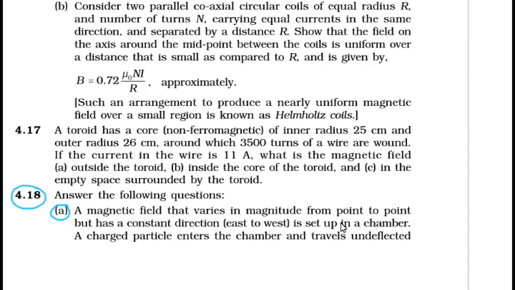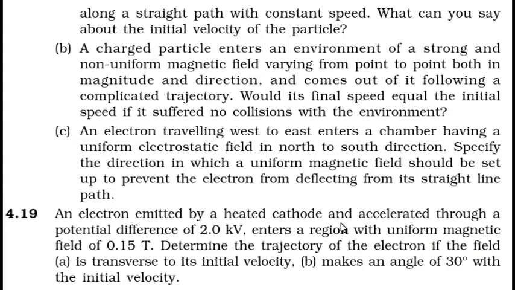A charged particle enters the chamber and travels undeflected along a straight line with a constant speed. What can you say about the initial velocity of the particle? Let us see the solution.